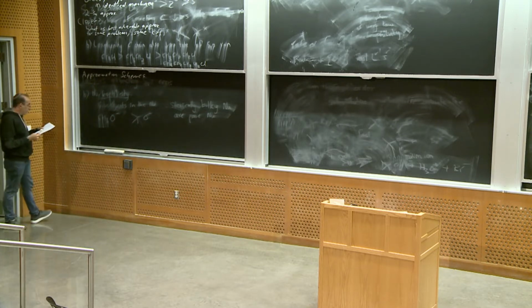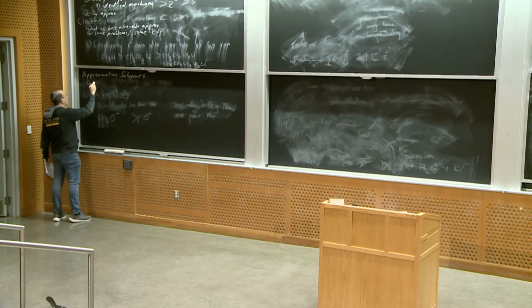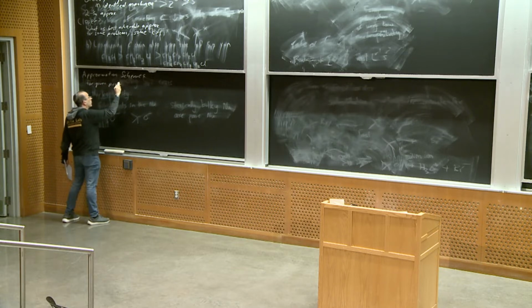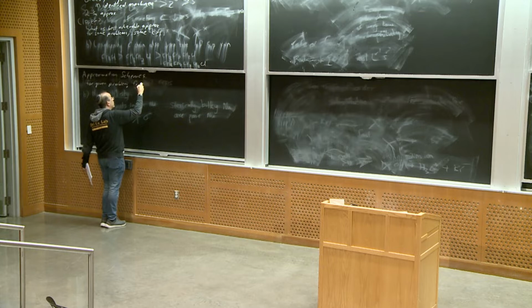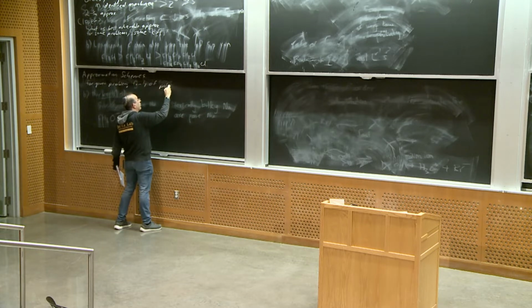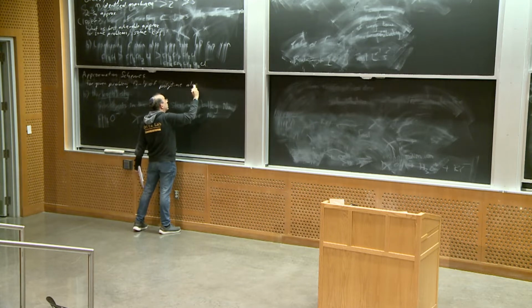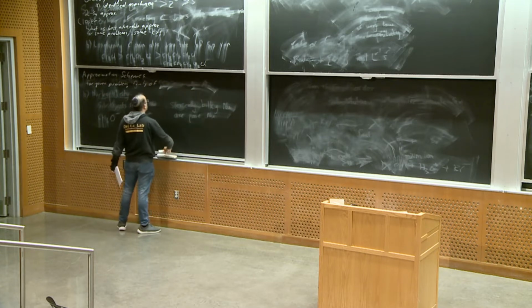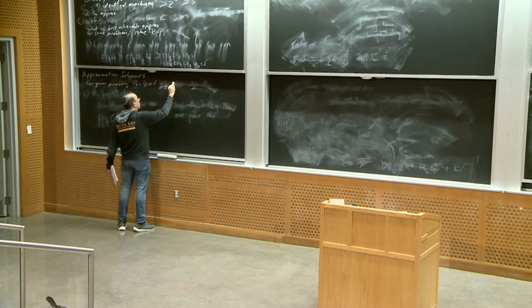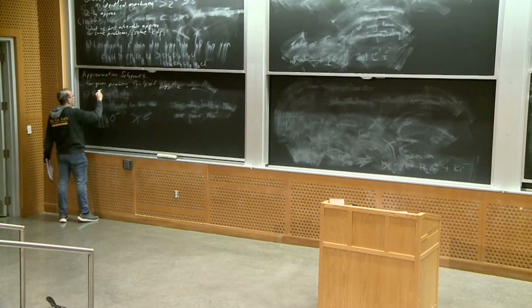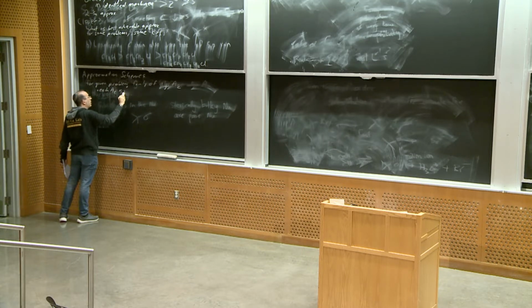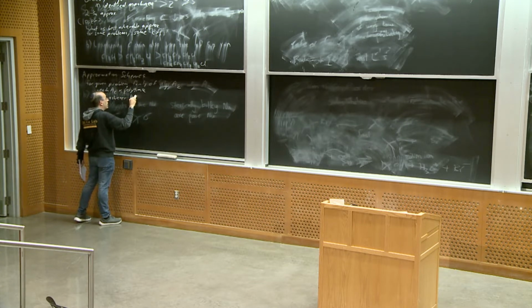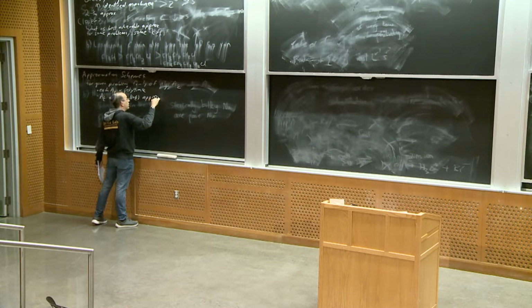So an approximation scheme is, for a given problem, a family of polynomial time algorithms, A sub epsilon, such that each A sub epsilon is a polynomial time algorithm, and A sub epsilon achieves a 1 plus epsilon approximation.